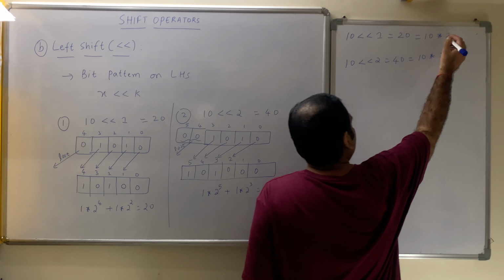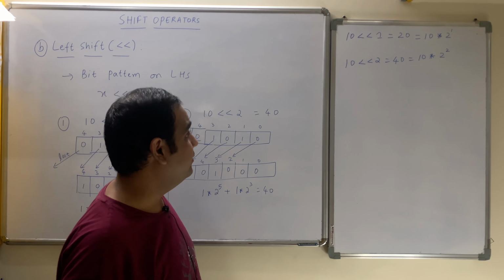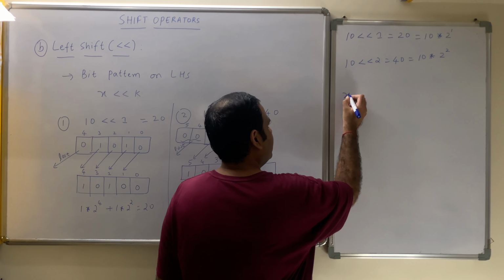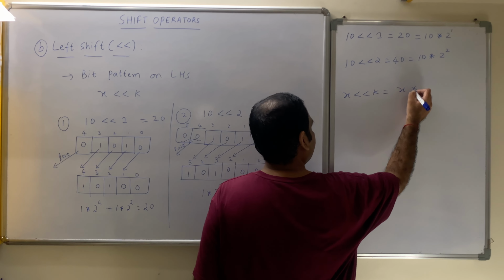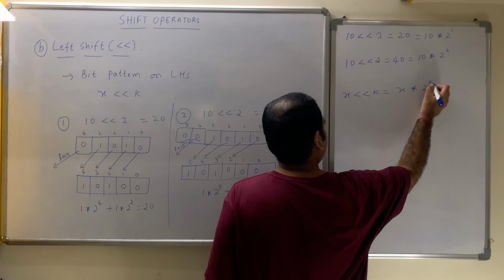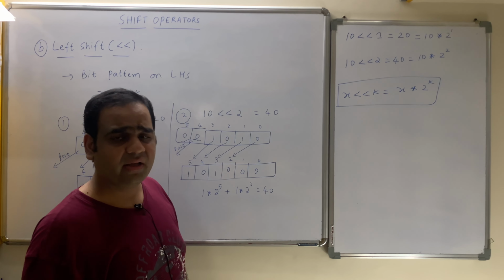Here it is 1, therefore I can write it as 10 into 2 to the power 1. Hence, in generalized way, x left shift k is equal to x into 2 to the power k.